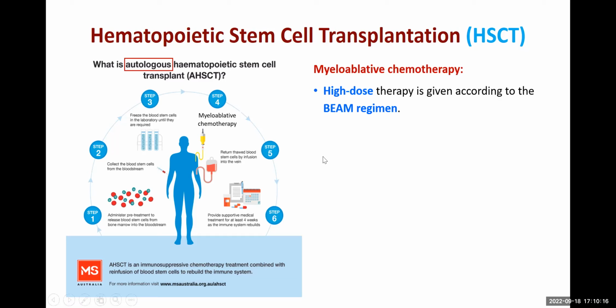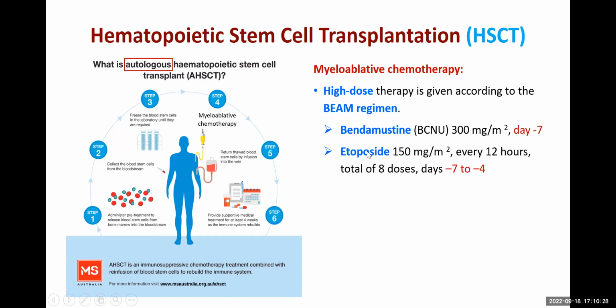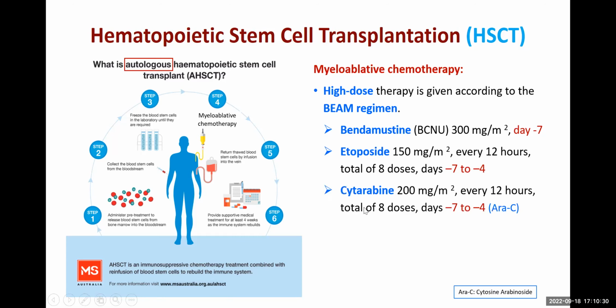Myeloablative chemotherapy, high dose therapy given according to the BEAM regimen. Now, I've given you doses over here, but you don't have to memorize the doses. You just have to memorize the drugs. For example, you have bendamustine, you have etoposide, you have cytarabine. For cytarabine, instead of C, they have written A because the other name for cytarabine is Ara-C, cytosine arabinoside.